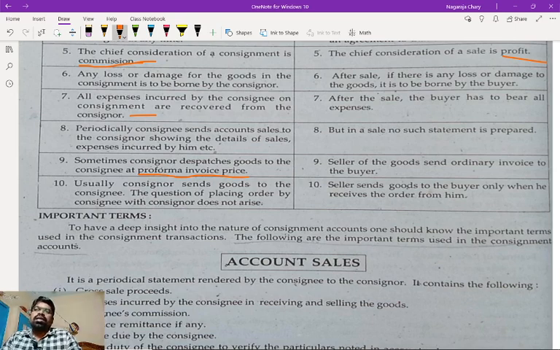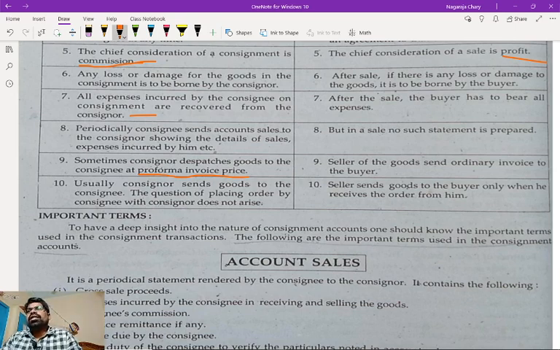Here, the seller of the goods sends an ordinary invoice to the buyer. Just normal information is given to the buyer because the receipt has to be given.